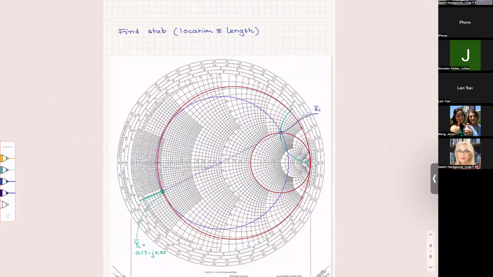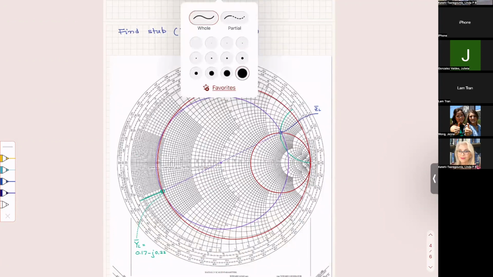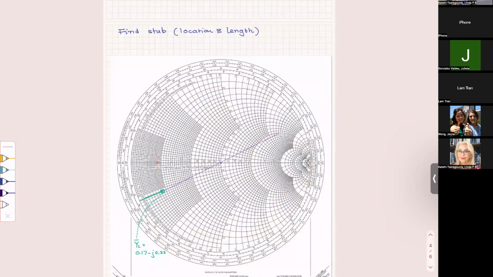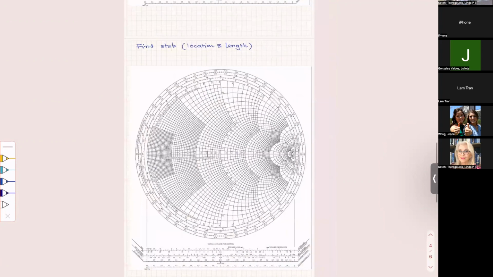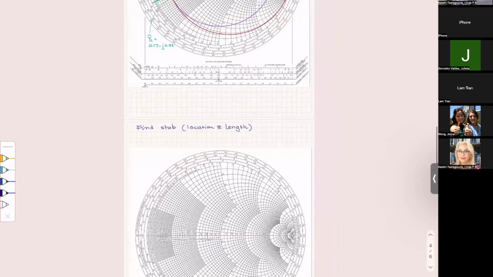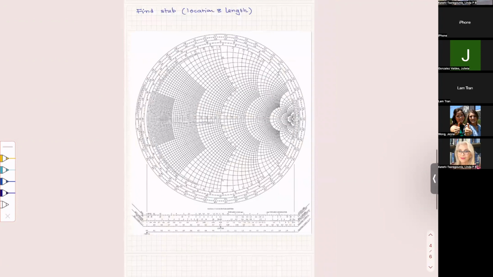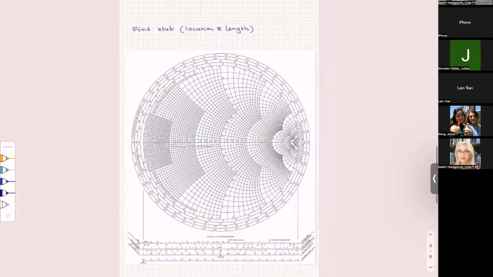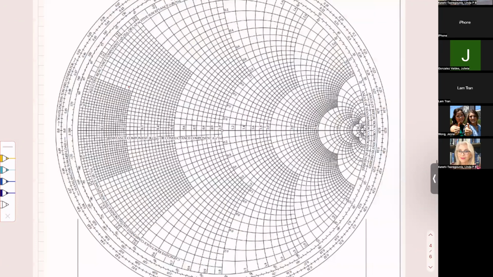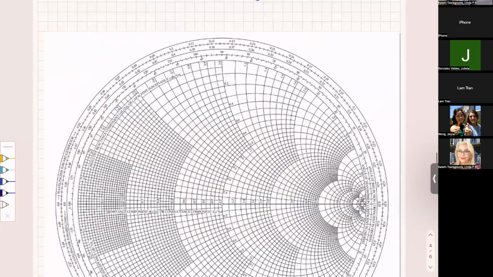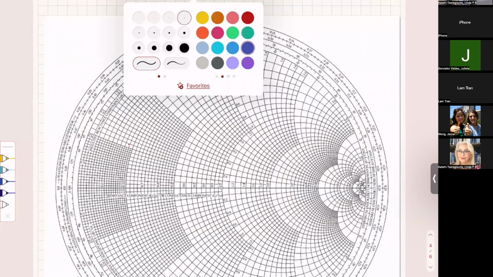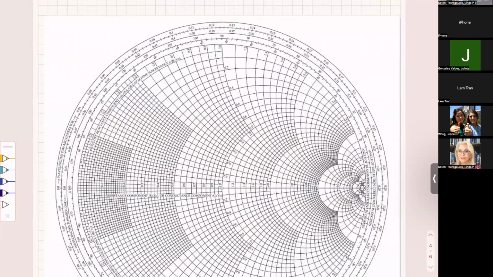All right, so all this. And I'm gonna only use the value of the admittance I found, which is 0.17. It's 0.17123. Here, 0.17.